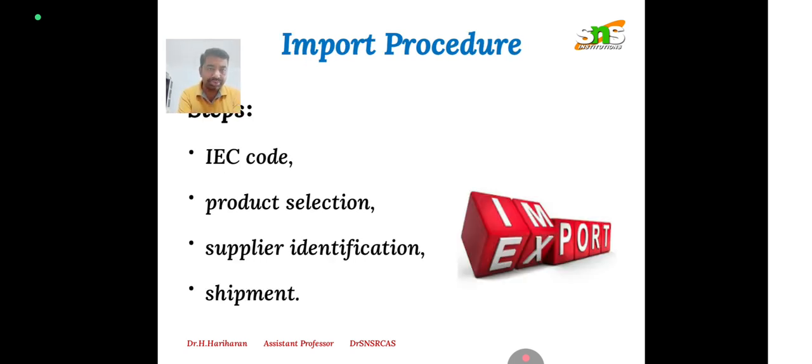Import procedures have certain steps. As usual, like export, you need an IEC code for import also, then product selection, supplier identification, and finally shipment. I've already told you in export about Alibaba.com.